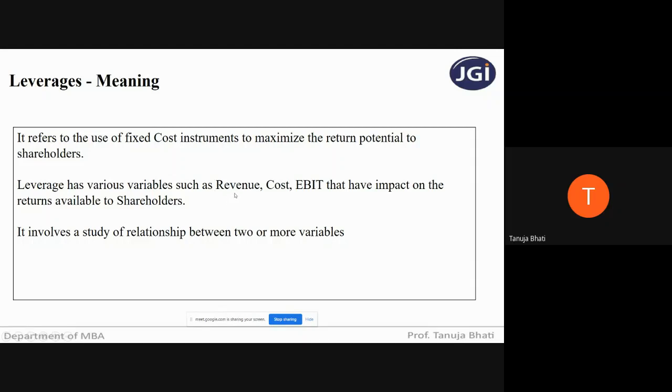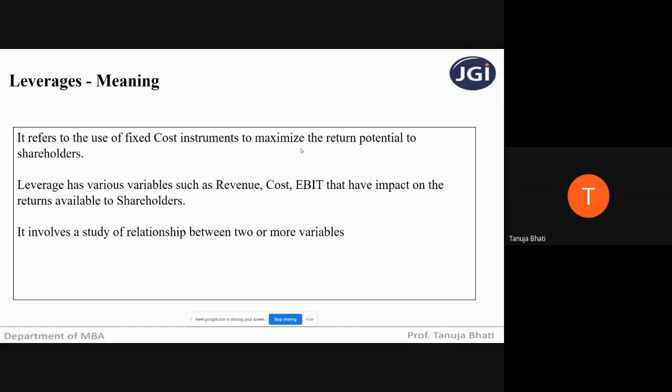If sales is high, the cost will be high. If sales is low, cost will be low. And EBIT is nothing but earnings before interest and tax. The interest here in EBIT is interest to the debenture holders, and tax is the final income tax that is paid by the company to the government.